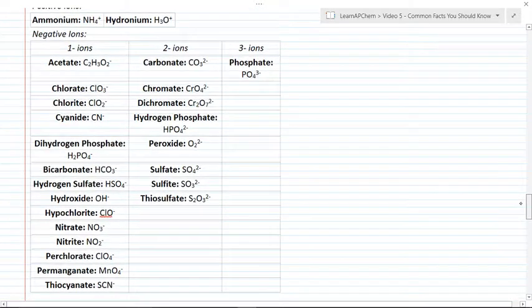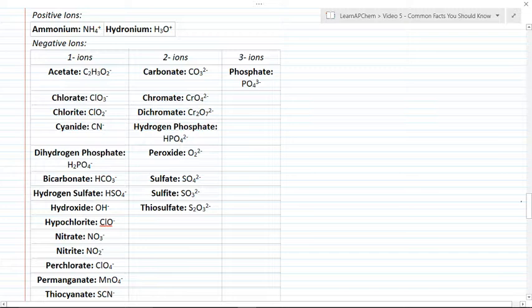Alright, and then finally, here are the polyatomic ions I think you should know. So we have these positive ions and our negative ions here. Note that a lot of our negative groups, like sulfate and sulfite, are going to have the same charge.